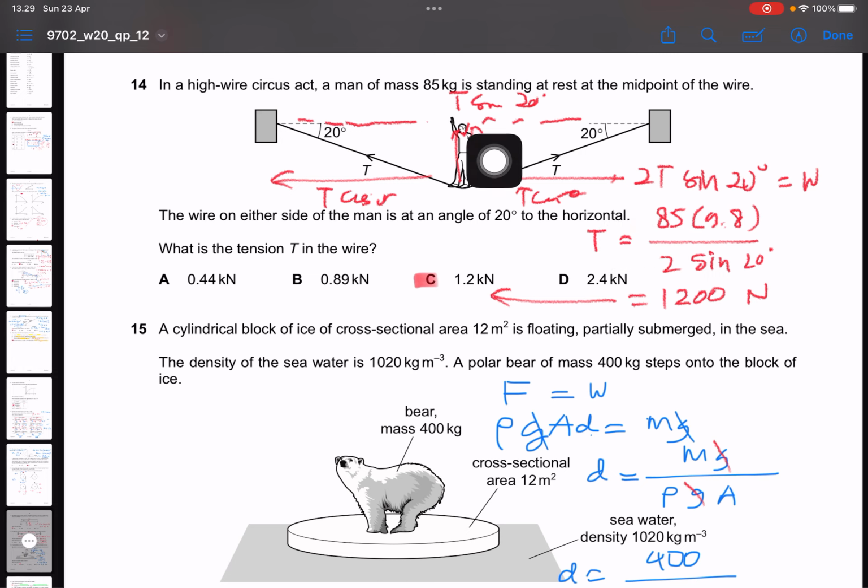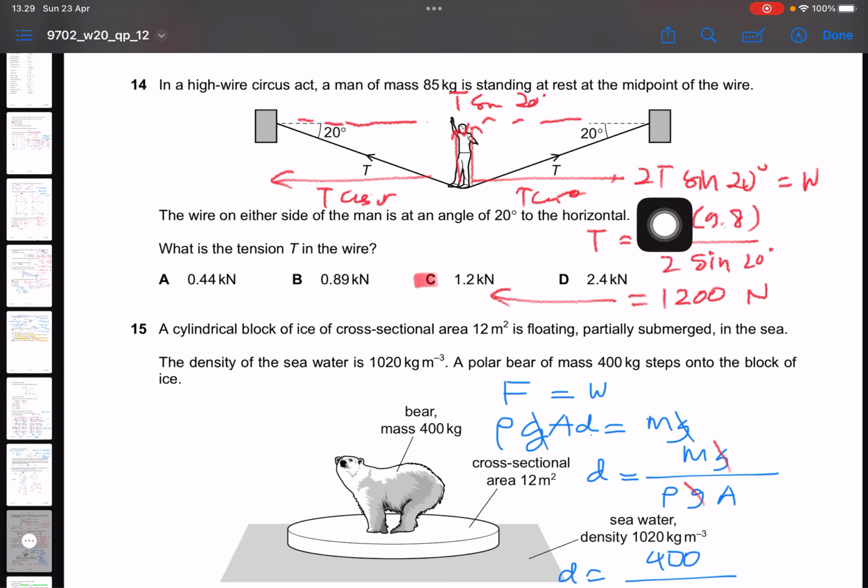And we have T sin theta for two wires, so 2 T sin theta on the positive y, and on the negative y we have the weight, 85 kilograms times gravitational acceleration.